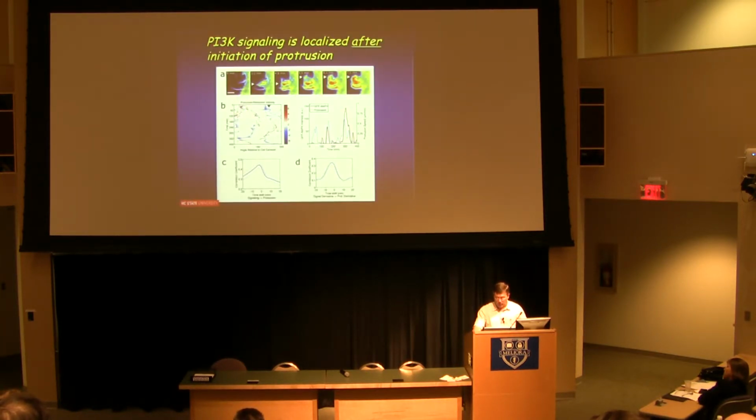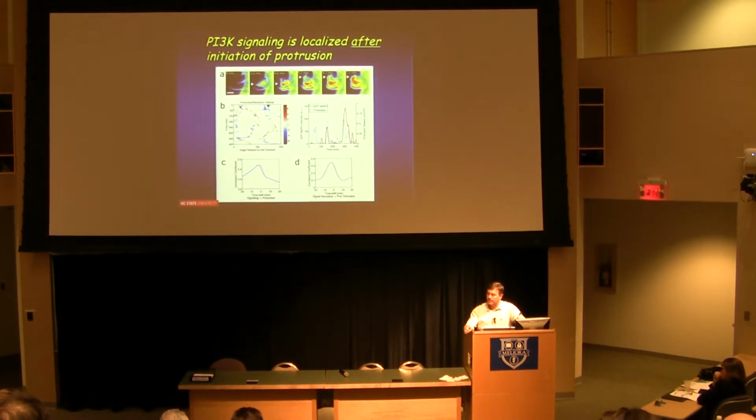One thing that was somewhat surprising, but perhaps not now that we had established this particular role of PI3 kinase, the stage at which it's important, is that PI3 kinase signaling is elevated after the onset of protrusion, not before. Okay? So you start to get protrusion, then you get the highest increases in PI3 kinase signaling, as indicated by this negative time shift in the correlation between the two.